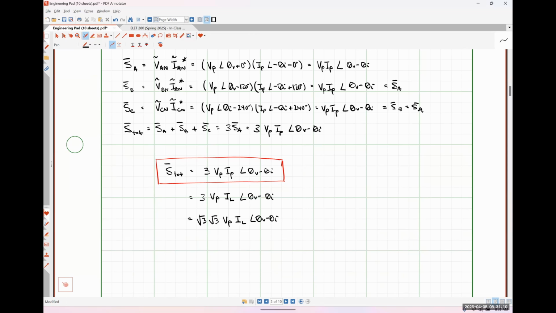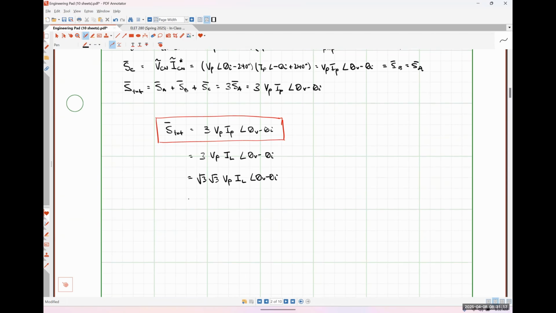But I know that the square root of 3 multiplied by VP is just the magnitude of my line voltage. So that's going to give me square root of 3 VL IL with an angle of theta V minus theta I.